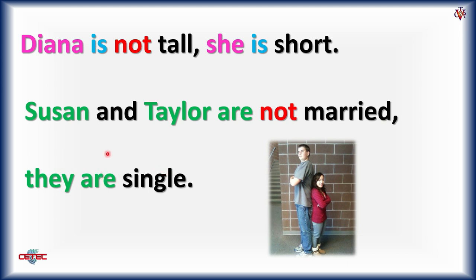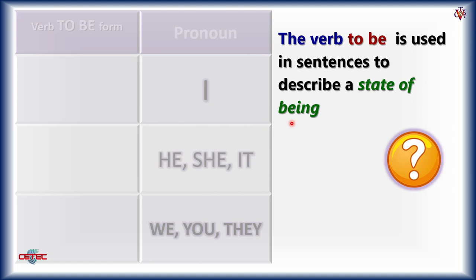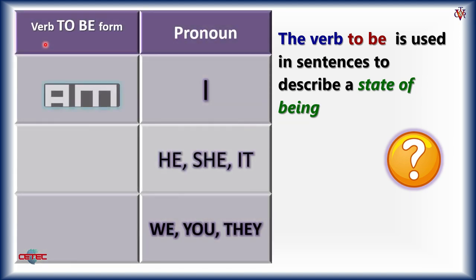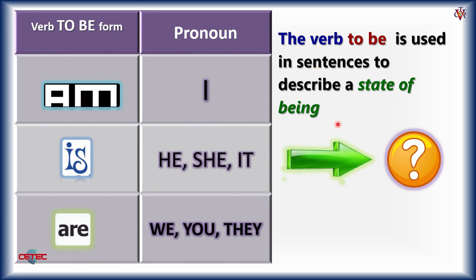So probably the person and the other person, together they, and more than two, are. Don't forget the complement. And here it's specifying that they are not. Don't forget the verb to be is used in a sentence to describe a state of being.